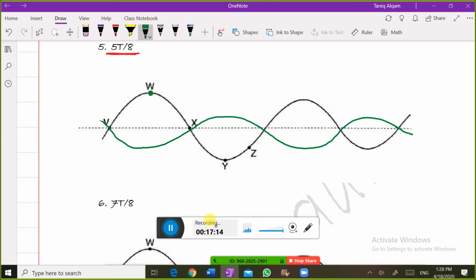After 1/8, it becomes here. After another 1/8 here. After another 1/8, it becomes here. This is 3T over 8. This is 4T over 8. This is 5T, and I will consider like this. Look here, how many eighths here, guys? 1, 2, 3, 4, 5, and so on.